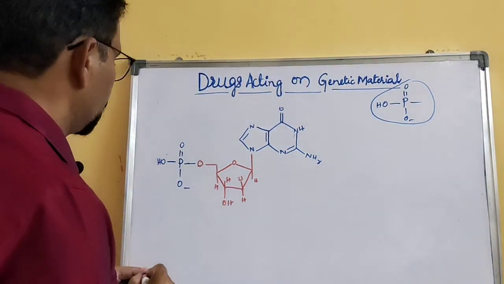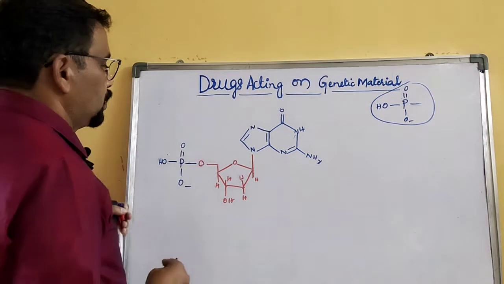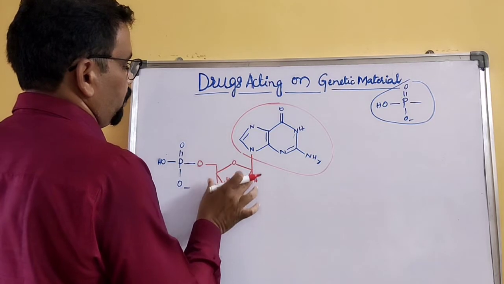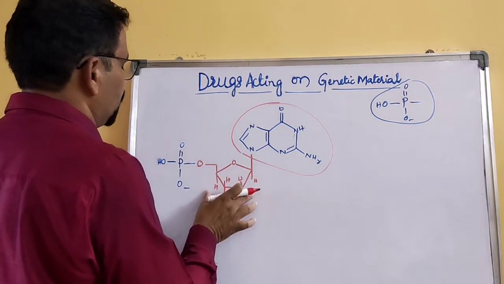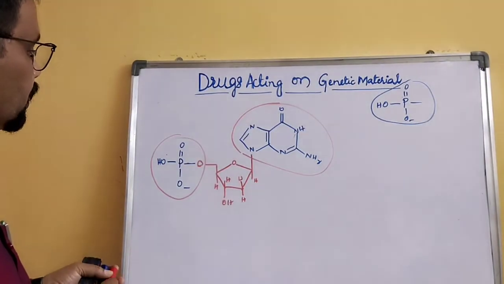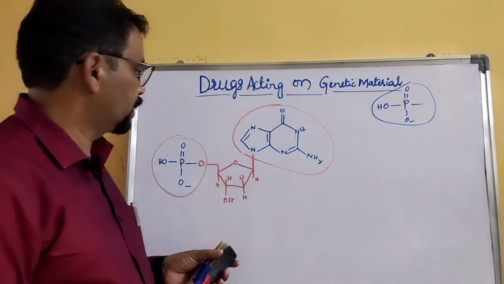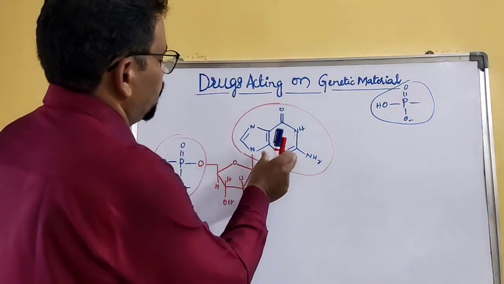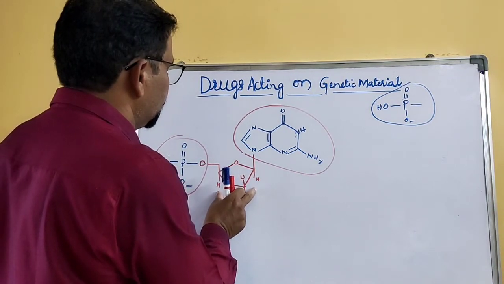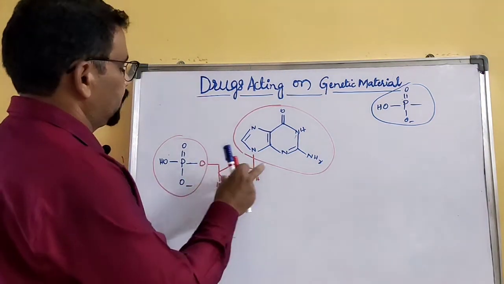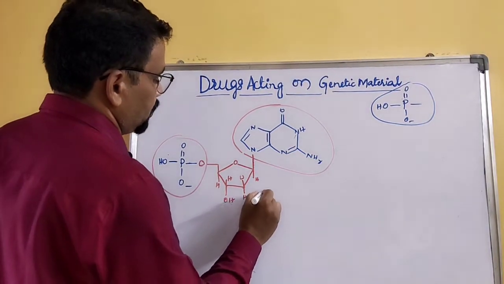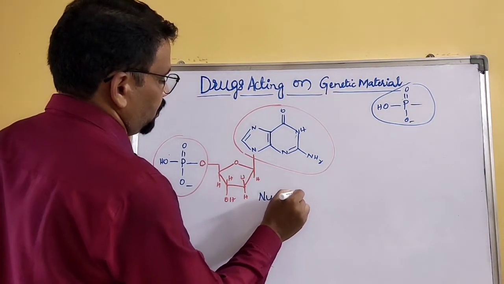So this is the nucleotide. The base is attached to the sugar moiety in this way, and the sugar moiety is attached to the phosphate. Three of them together are called a nucleotide. When the base and sugar moiety form together, they are considered a nucleoside, but all three together are called a nucleotide.